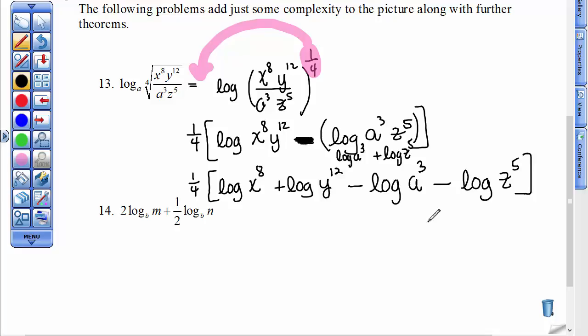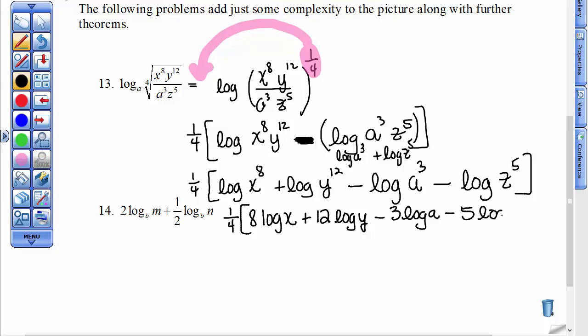And then finally, on top of all that, I have to bring all these exponents down in front. So the 8's got to come down here. So I've got 1/4 here, and then I have 8 times the log of x plus 12 times the log of y minus 3 times the log of a minus 5 times the log of z.